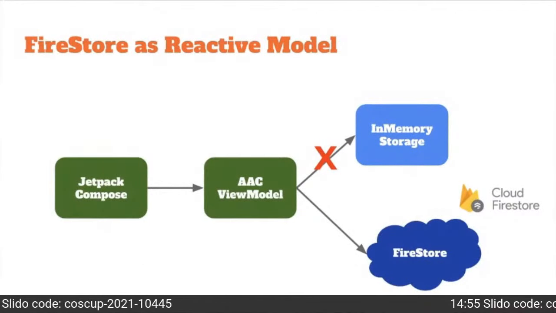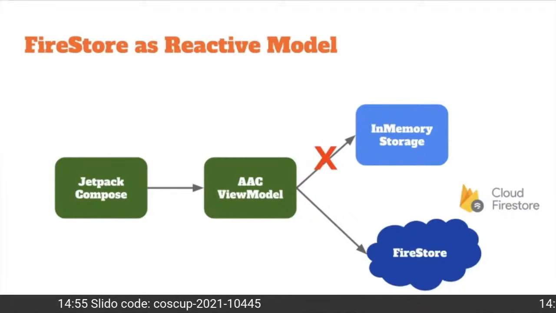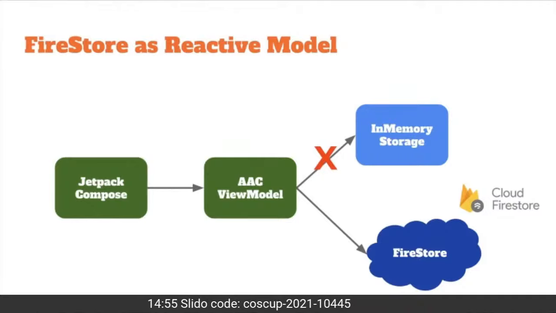So now we have a reactive model, which is responsible for data. But this is only in-memory storage. Our requirement is to build a collaborative sticky note, so we need a centralized data storage, right?